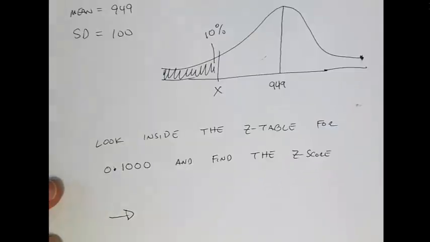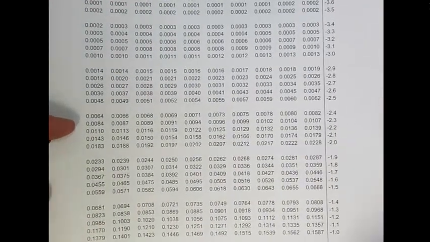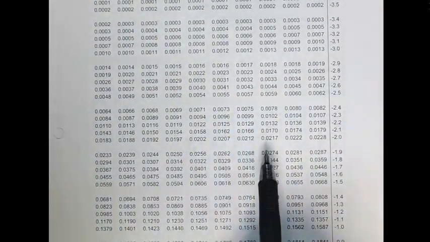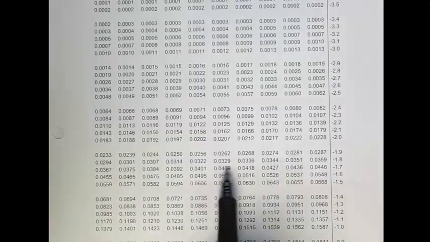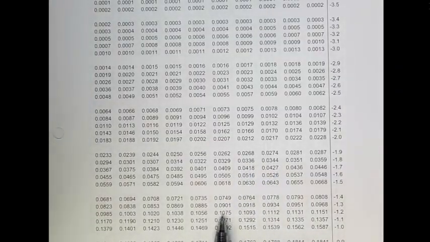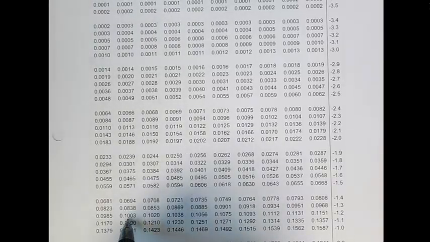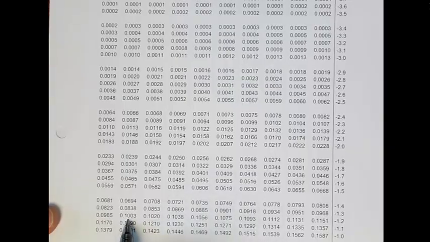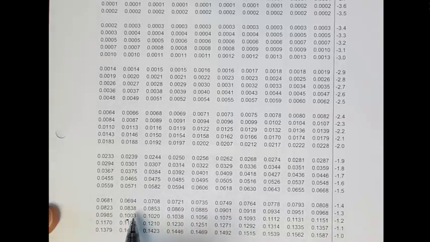All right, so let's look inside the table. So for the value that is closest to 10%. So, okay, look, right here, that's about 3%. Oh, I'm around 10%. And oh, look, here is the value closest to 10%. 0.1003. Just get as close as you can to the value you're interested in.